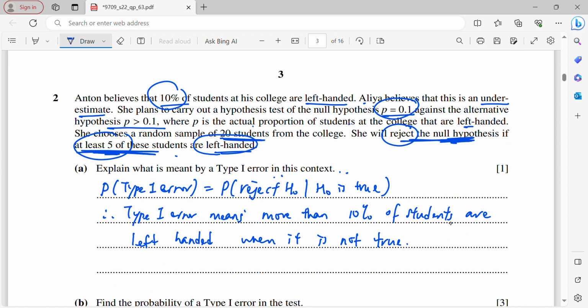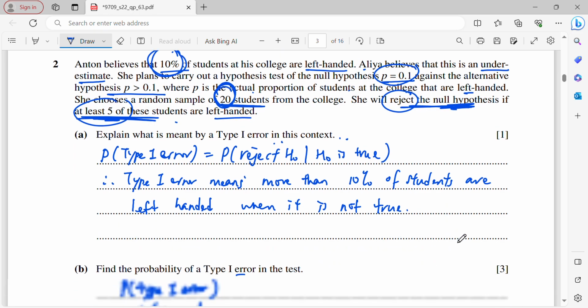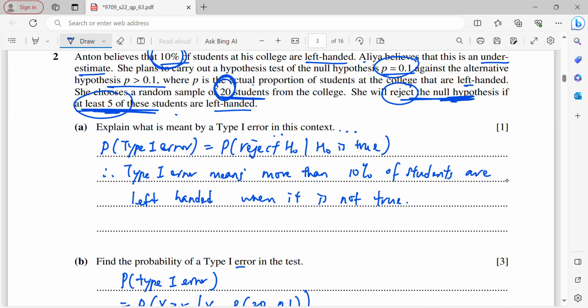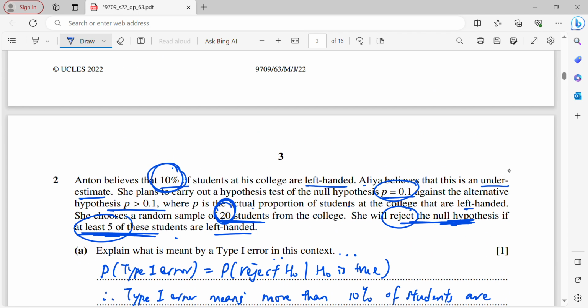When H naught is true, looking at the question, 20 students are chosen in the test. Then 10% will be left-handed. That means this is binomially distributed, so I will write down the binomial distribution. X is binomial, N is 20, P is 0.1, because when H naught is true, your P is 0.1.